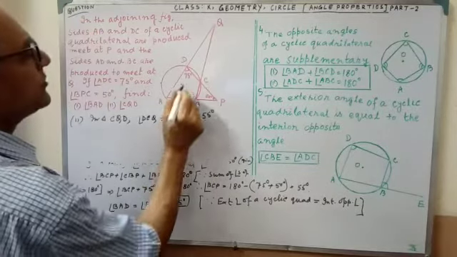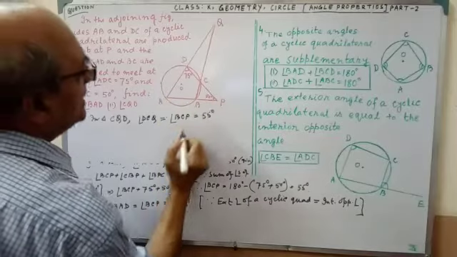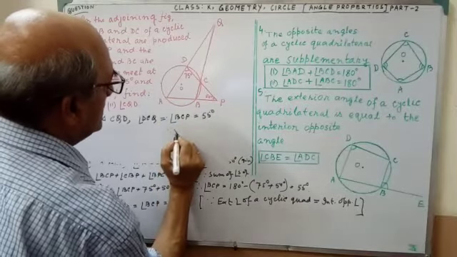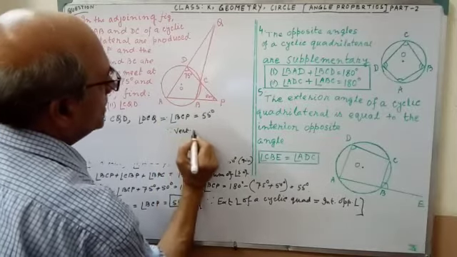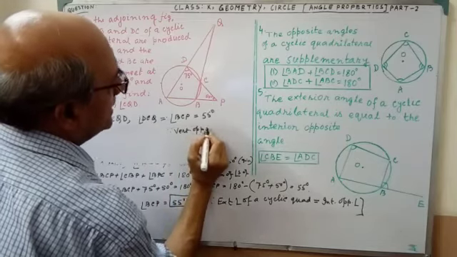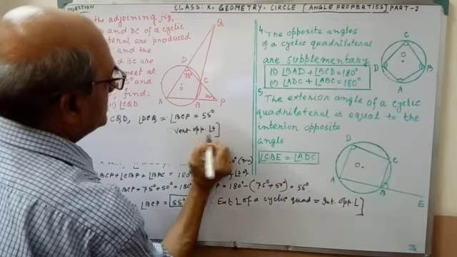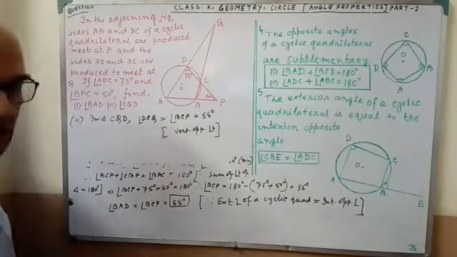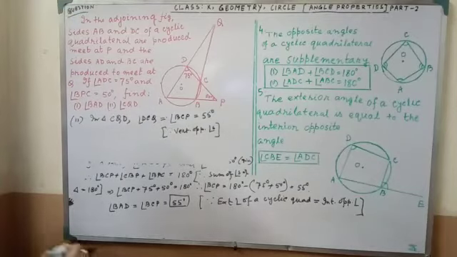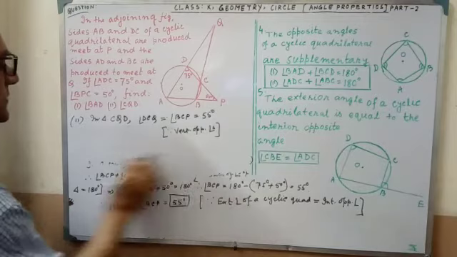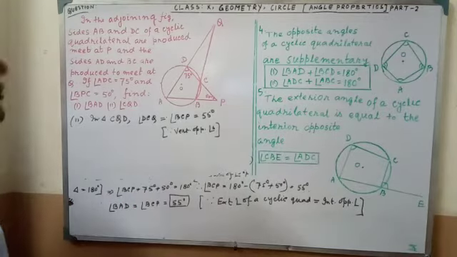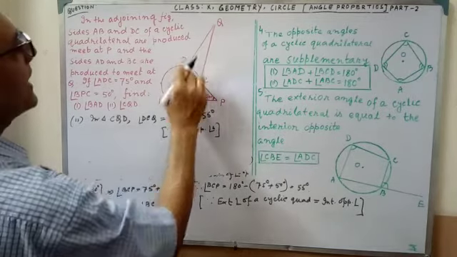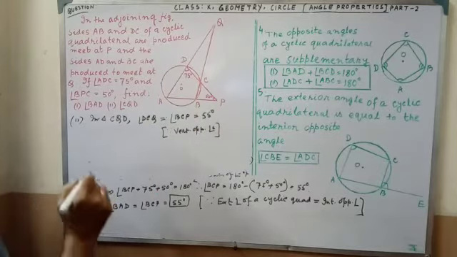But you have to write the reason. Reason: vertically opposite angles. This reason you have to write, otherwise you will miss the marks for this part. Then we have to find out the value of this angle, angle CDQ.